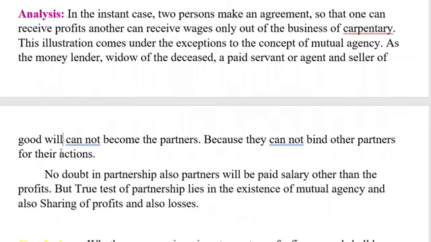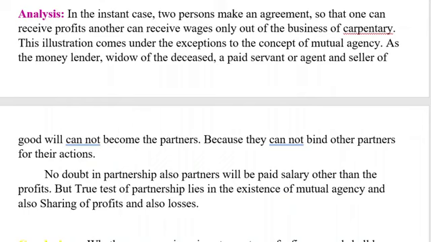No doubt in partnership also partners can be paid salary other than the profits. But in this illustration, Sham is not going to get the profit.